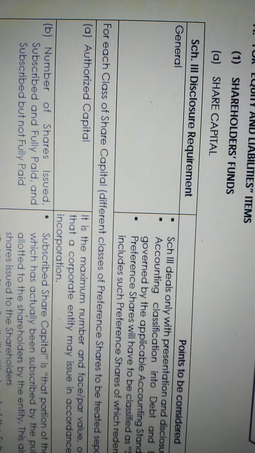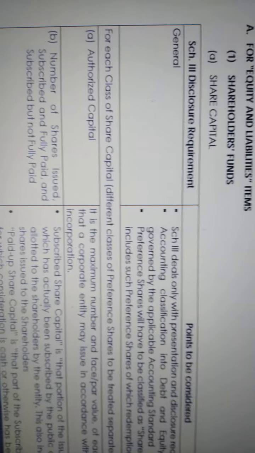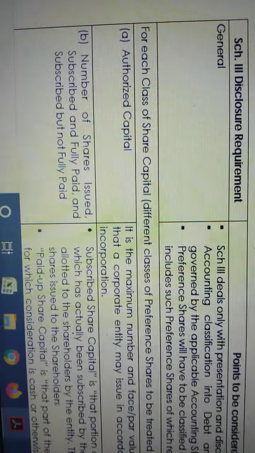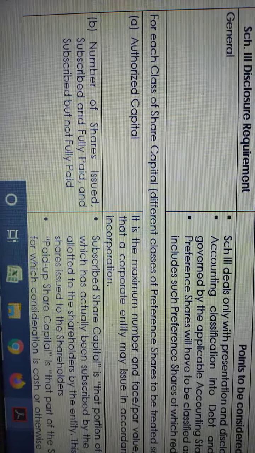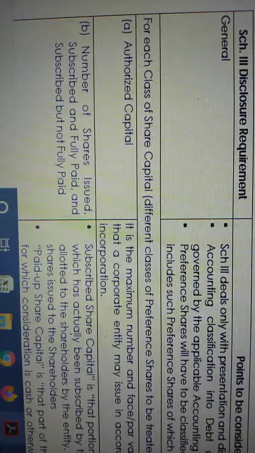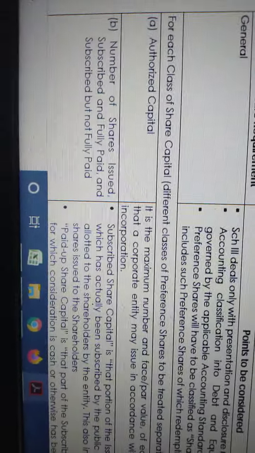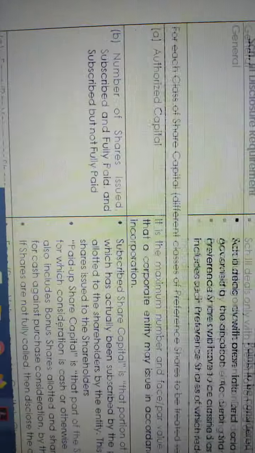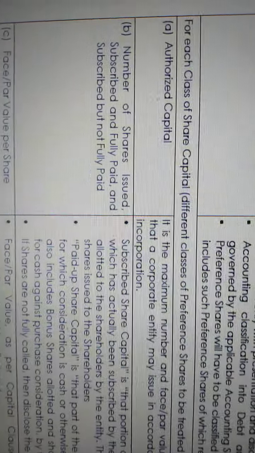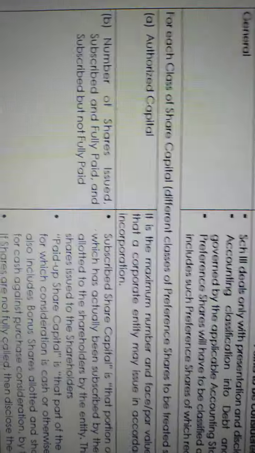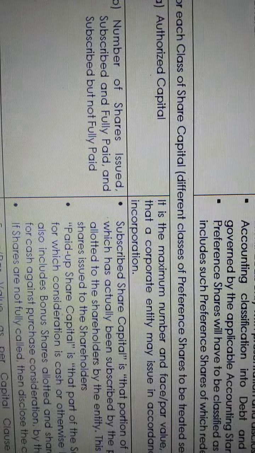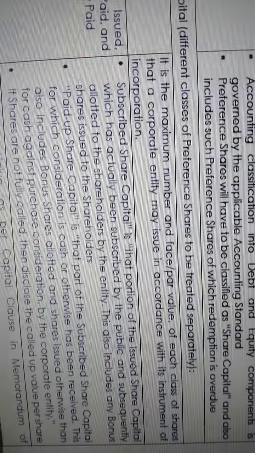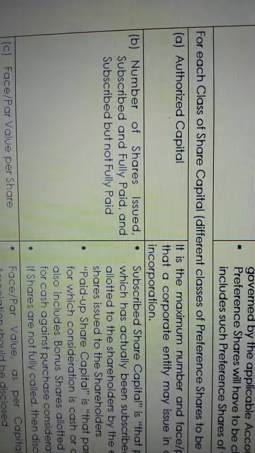The first item now is share capital. How to present and disclose it? Below the balance sheet, we have to write authorized capital. Authorized capital means the maximum capital approved in the articles of association, that is, the amount allowed during incorporation.